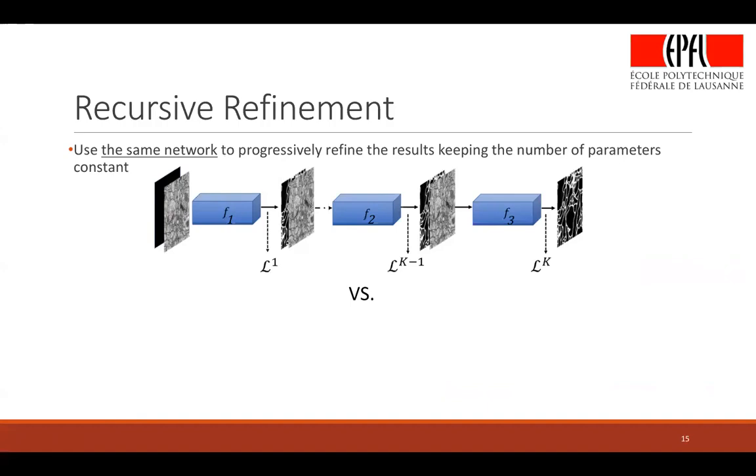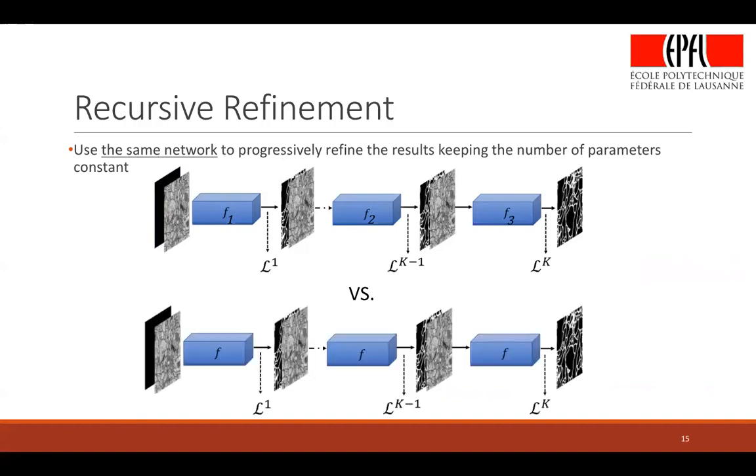So what we propose instead is to use the same network to refine its prediction. We enter into the network a few times an image and the previous prediction, and the network learns to correct its own mistakes.